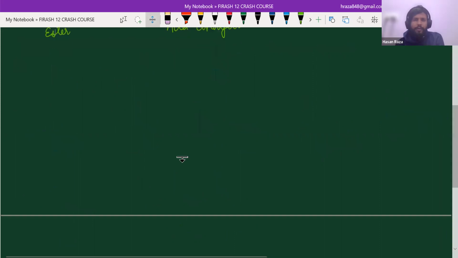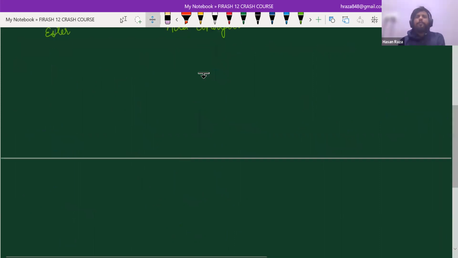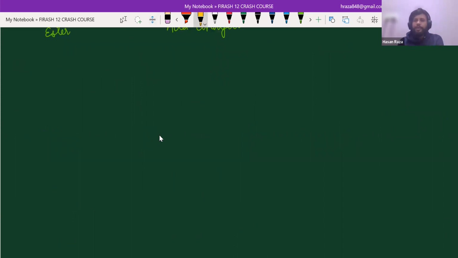Now, some of these compounds have common names that are quite famous and we need to keep them in mind. But first of all, I am going to go with the IUPAC nomenclature.